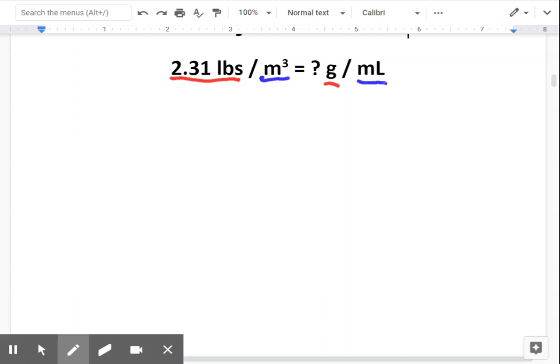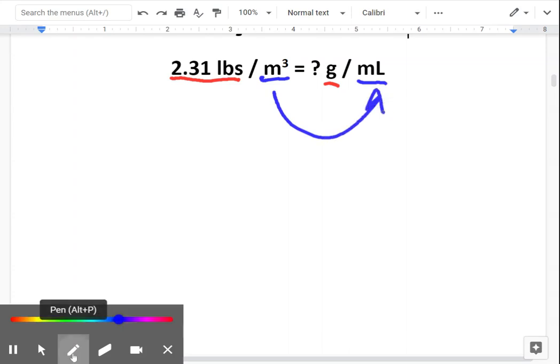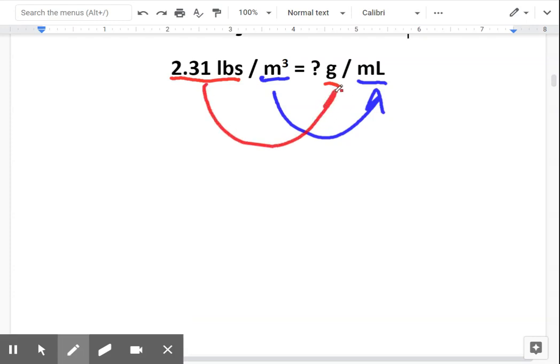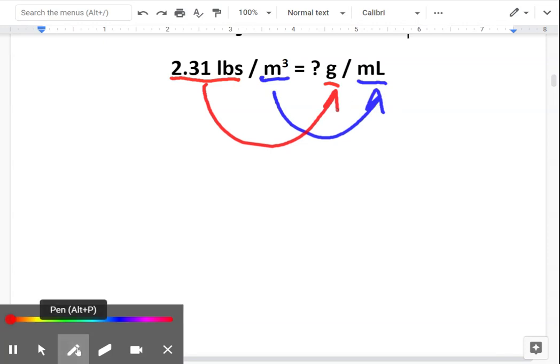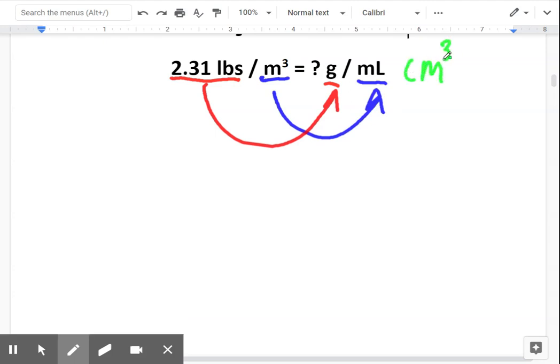So your meters cubed is going to become milliliters, and your pounds are going to become grams. Now, one of the key things for you to know here is milliliters. The definition of a milliliter is centimeters cubed. So we're basically going from meters cubed to centimeters cubed when we're going this way.